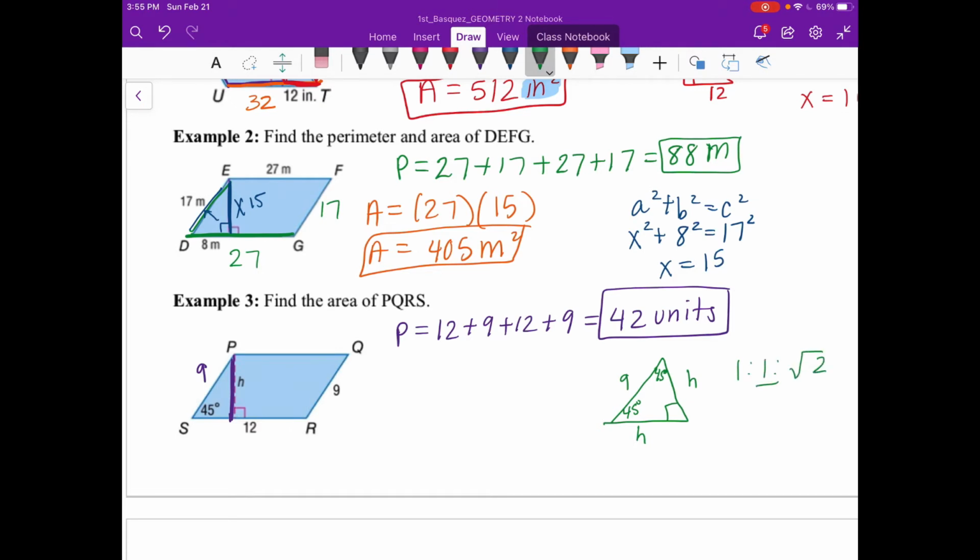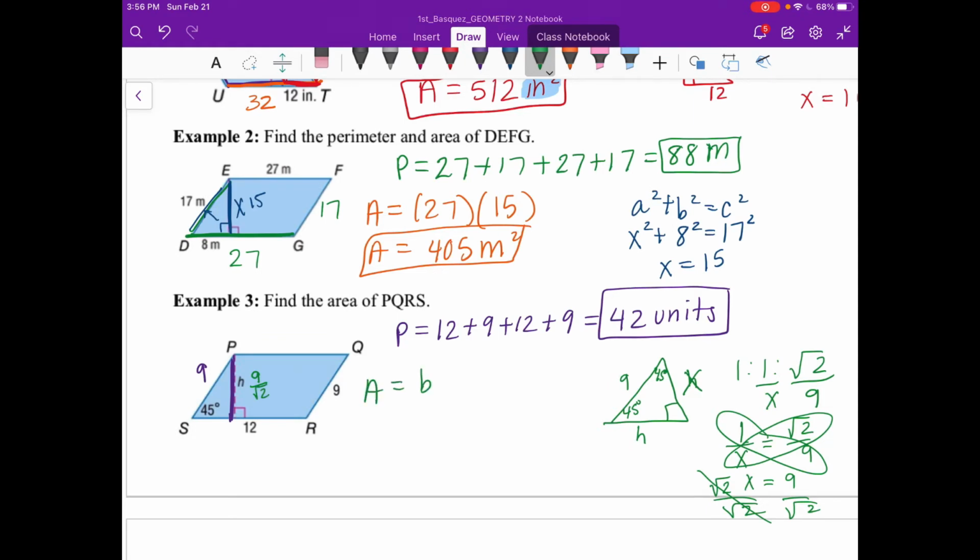I'm going to call this X for now, a proportion where I can cross multiply and solve. So if I set up 1 over x equals square root of 2 over 9, and I cross multiply, I get square root of 2 x equals 9, and then I divide by the square root of 2. For now, I'm going to leave it as 9 divided by the square root of 2, my height.